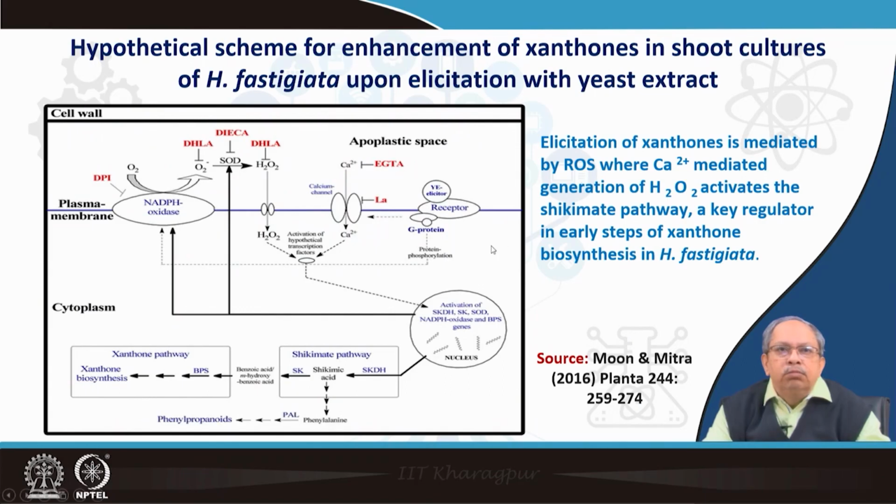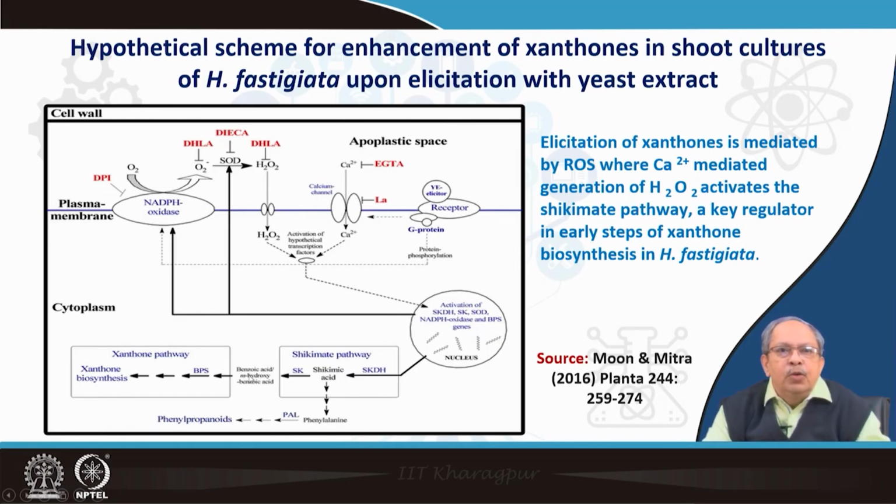And later the mechanism of elicitation has also been elucidated for the Hopia, where it was shown that H2O2 plays an important role in uplifting the early steps of the biosynthesis, leading to activation of the genes of the phenylpropanoid and xanthone pathway, and that leads to more formation of xanthones.